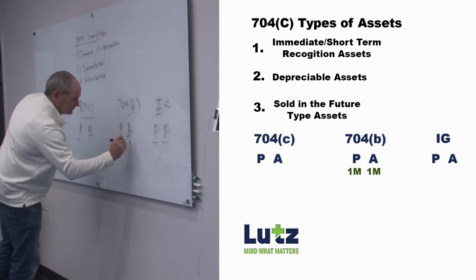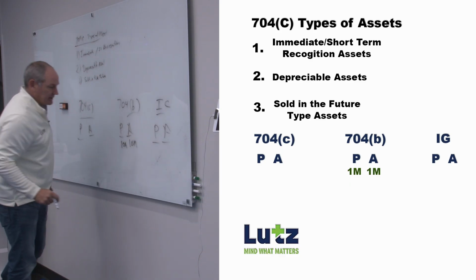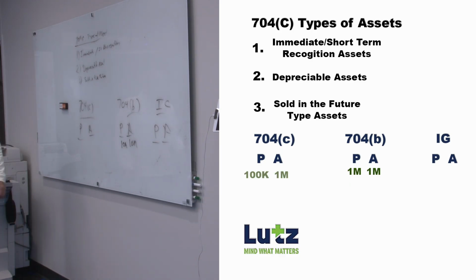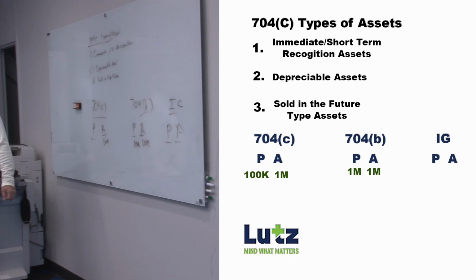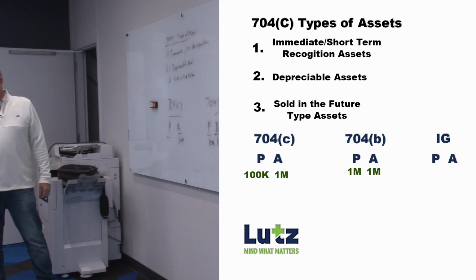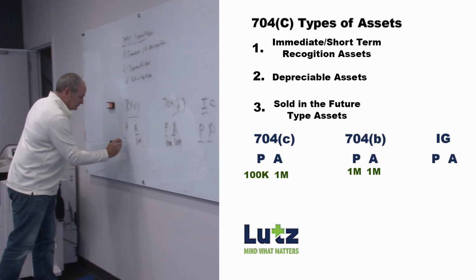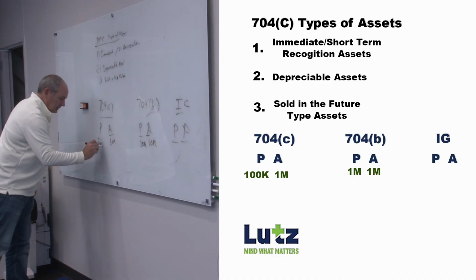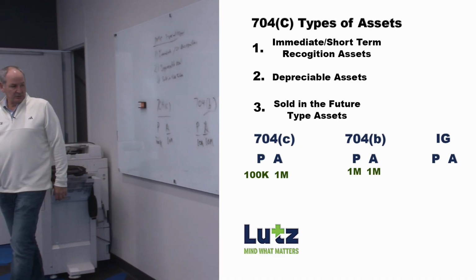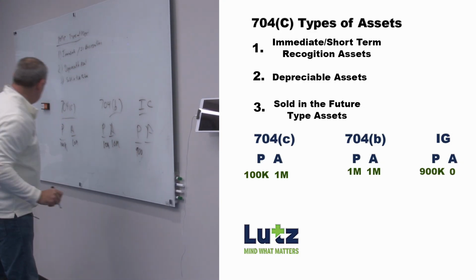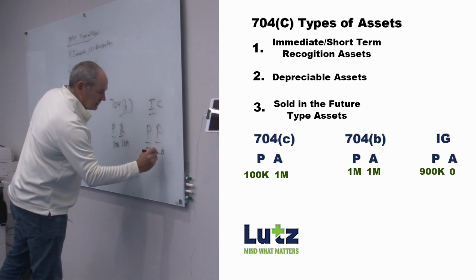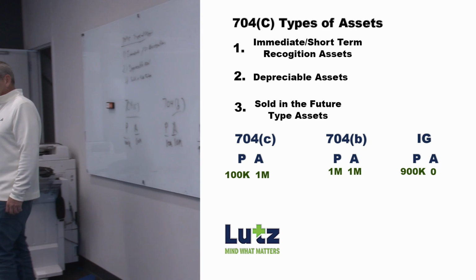And we said Aaron contributed cash, right? So Aaron's tax basis in his contribution is $1 million. But mine was $100,000, correct? So I got inherent gain for Pete of 900 and Aaron of 0, correct?